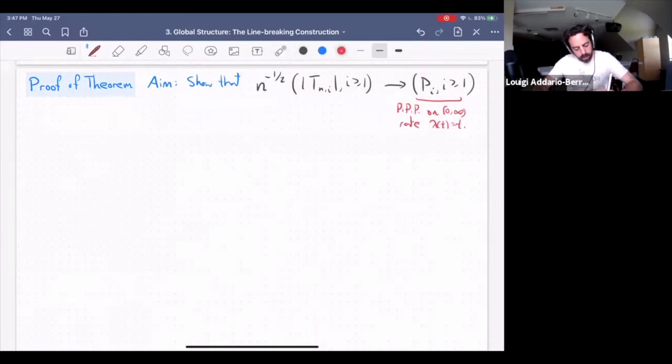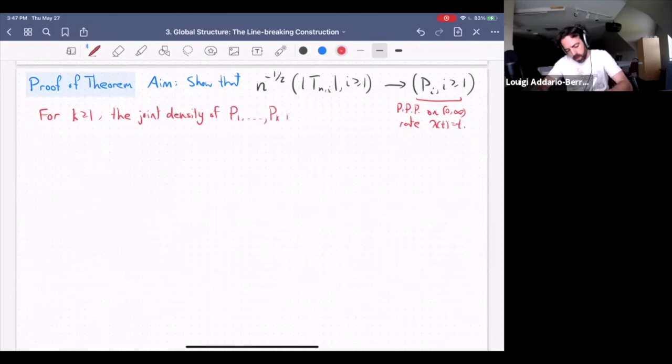So let's start by writing down the joint density of the points on the right hand side. So for positive integer k, the joint density of p1 up to pk is what?